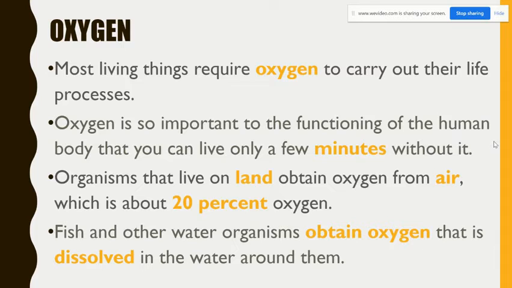So organisms that live on land obtain oxygen from the air, so we breathe it in. And the air is about 20% oxygen, and it's mixed in with a bunch of other different gases. And fish and other organisms that live in water still obtain oxygen that's dissolved in the water around them, and they breathe it in through their gills.